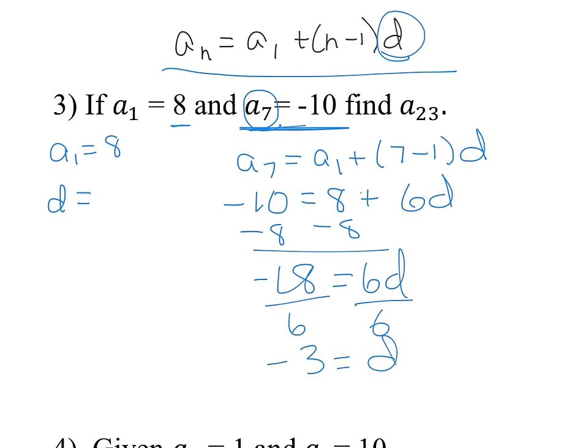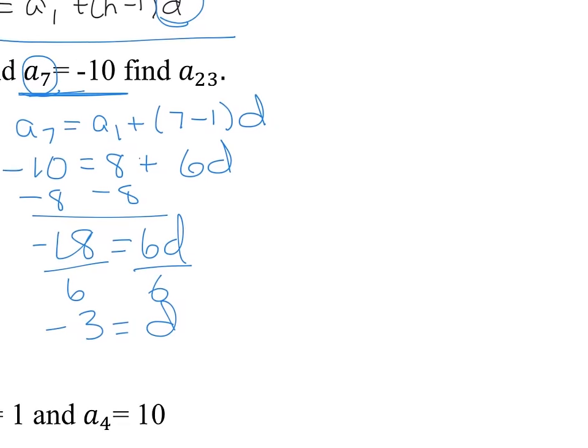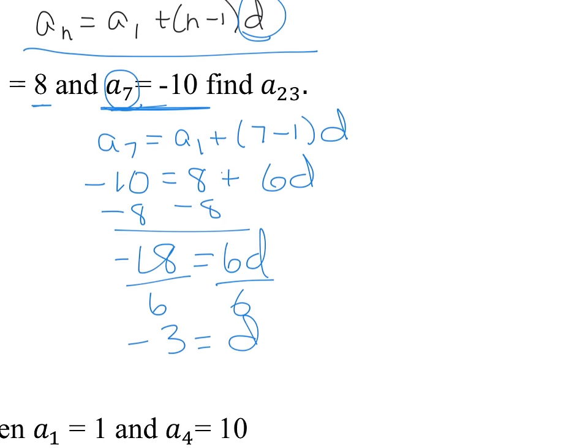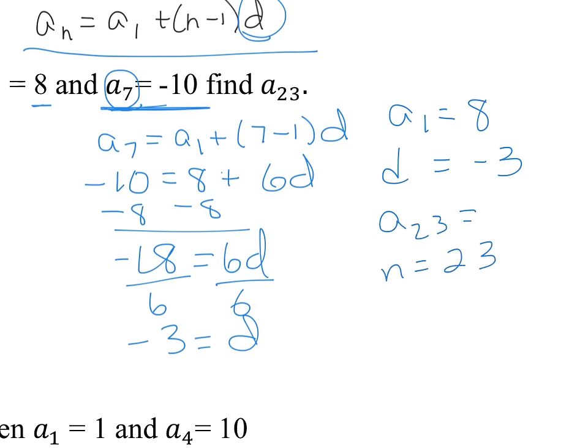So once I know the common difference, I can just plug all this stuff in and write the formula. So I know my a sub 1 was 8. I know my d is negative 3. And a sub 23 is what I want to find. So n is 23. Okay, so there's always something missing. Sometimes it's the common difference.